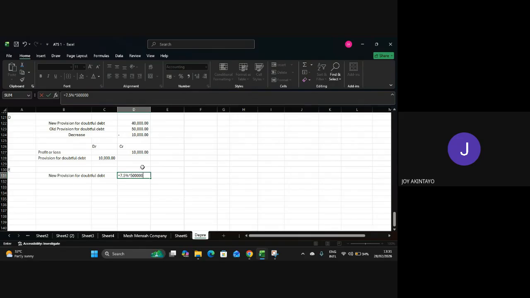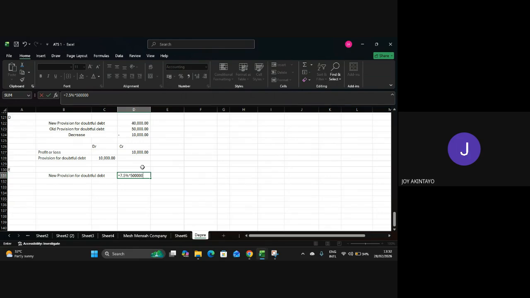What's 7.5% of your 500,000 naira? Because we are using this on trade receivable value. So what is the percentage, please? It is 37,500.